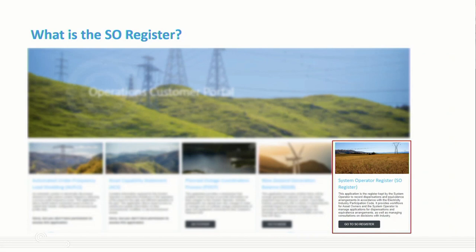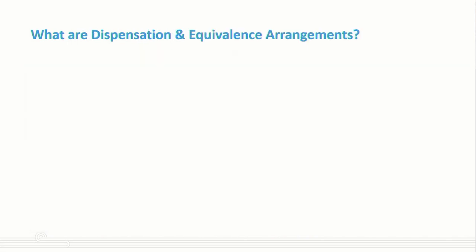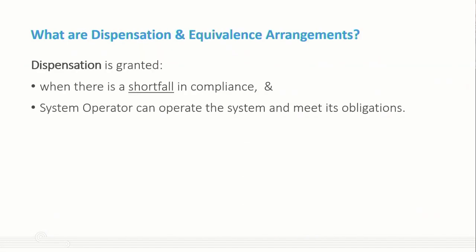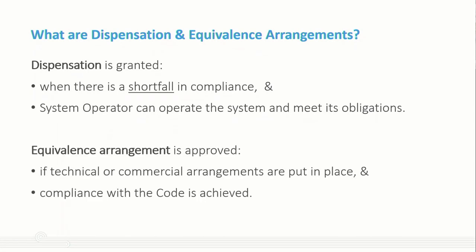A little bit of background on what the dispensation equivalence arrangements are. Here, I've quickly summarized the conditions for granting a dispensation. A dispensation is granted when an asset owner has a shortfall in compliance in respect to the asset owner performance obligations or technical codes, and the system operator, after reviewing evidence, can continue to operate the existing system and meet its principal performance obligations. A slightly different item is an equivalence arrangement.